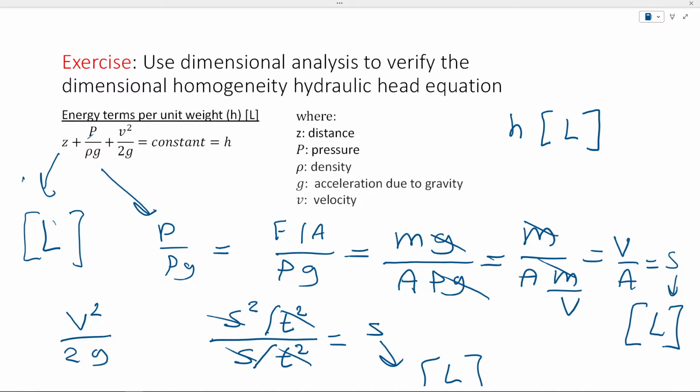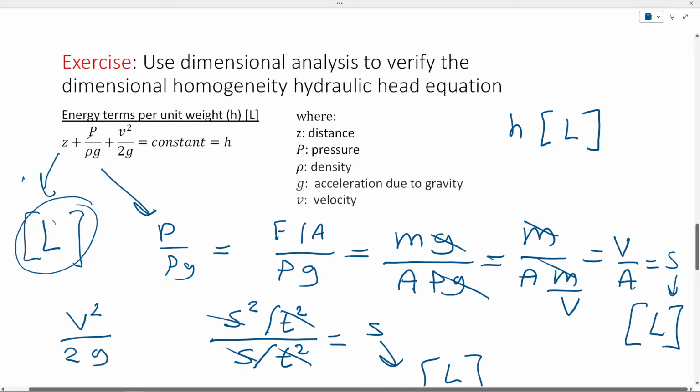Is this a primary or non-primary quantity that we are measuring? It is non-primary, because it is derived from primary quantities. Actually, it is a primary quantity because it has a dimension of length.